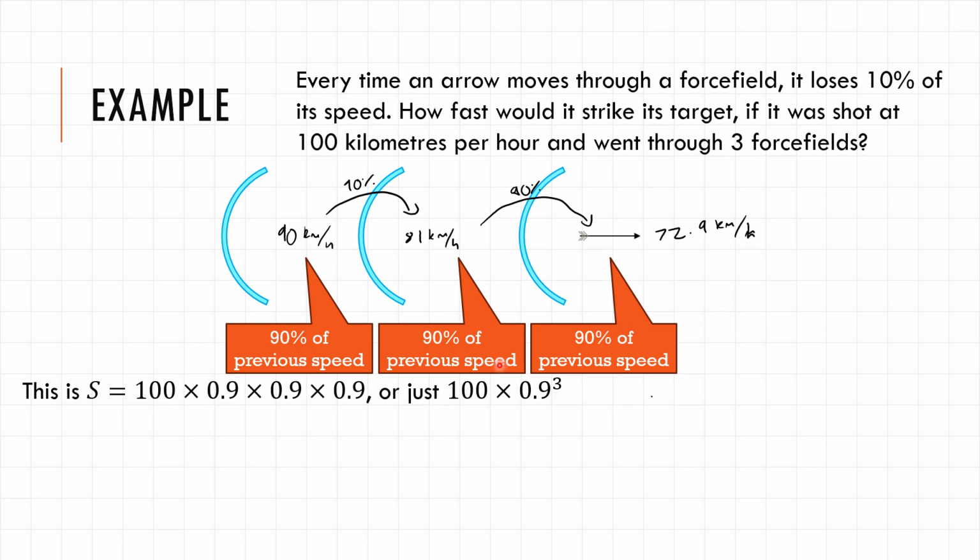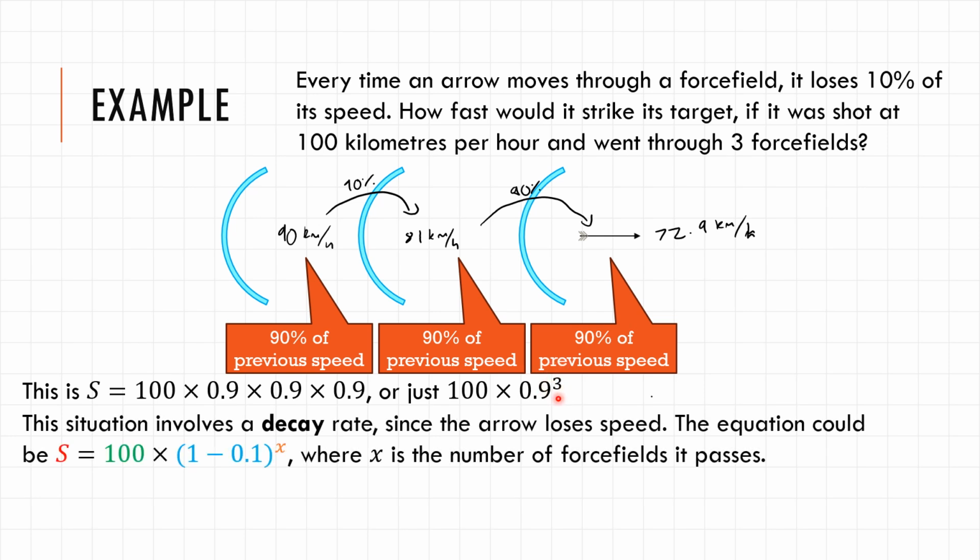This is the same thing as starting with 100 and multiplying it by 0.9 3 times, so to the power of 3. This situation involves a decay rate because the arrow is losing speed.